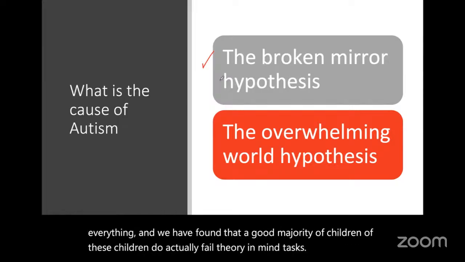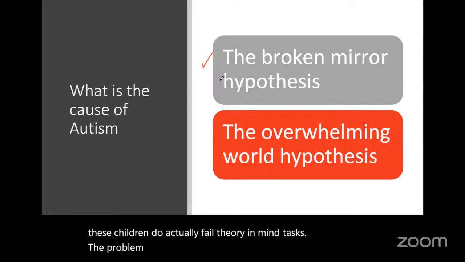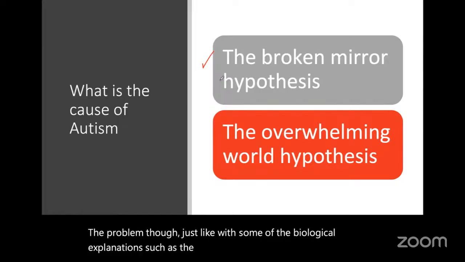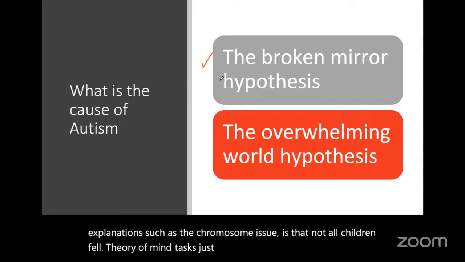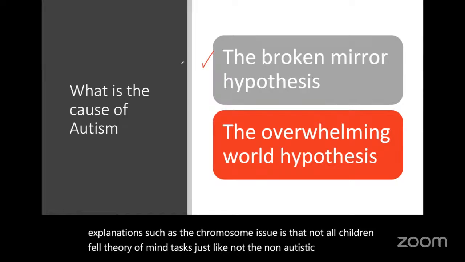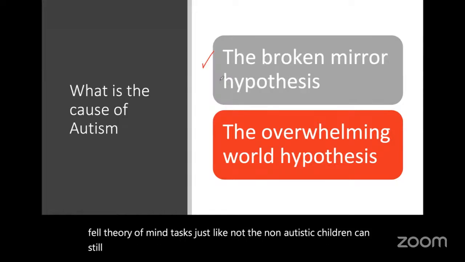The problem, though, just like with some of the biological explanations, such as the chromosome issue, is that not all children with autism fail theory of mind tasks, just as non-autistic children can have those chromosomes that are suspect in autism.